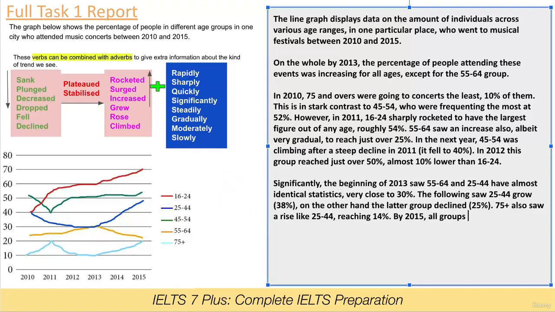All groups except for 55 to 64 had rising percentages or rising numbers, especially 16 to 24, which ended the year, or which ended with just over 70%.